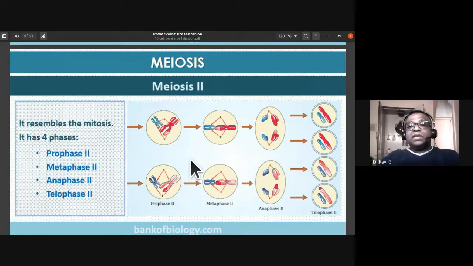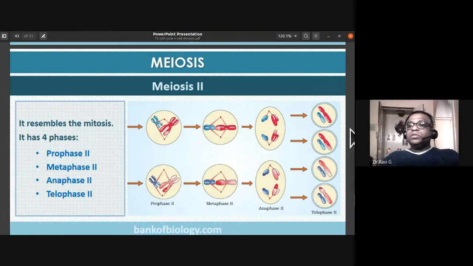So the two sister chromatids split at the centromere longitudinally, and the chromosomes, each with a single sister chromatid, move towards the opposite poles. That is happening in the anaphase stage.